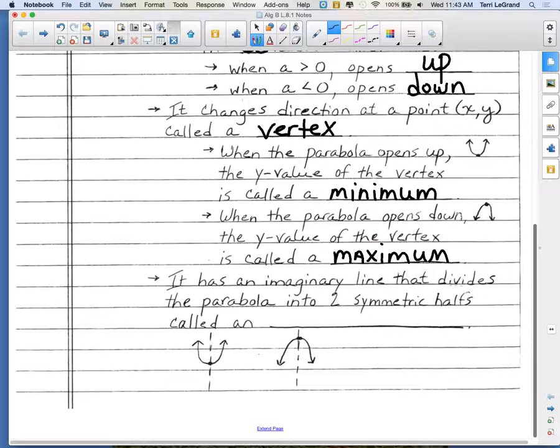Basically, whatever where they meet. Right. So it has an imaginary line. Do you see any lines drawn on this graph anywhere? No. It has an imaginary line, though, that divides the parabola into what are called two symmetric halves. And that is called an axis of symmetry. You can't see it, but it's there.